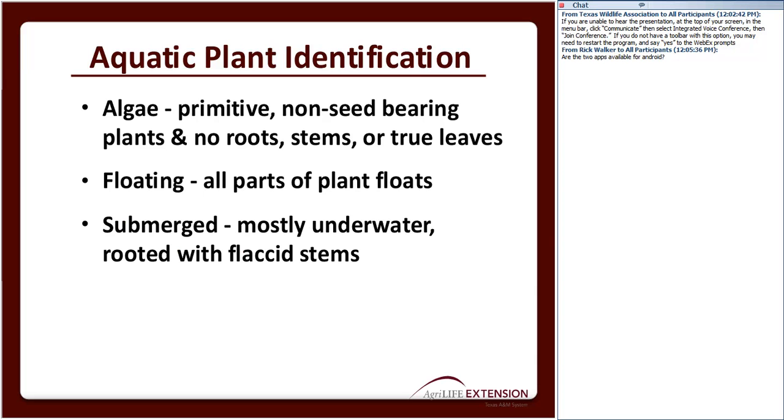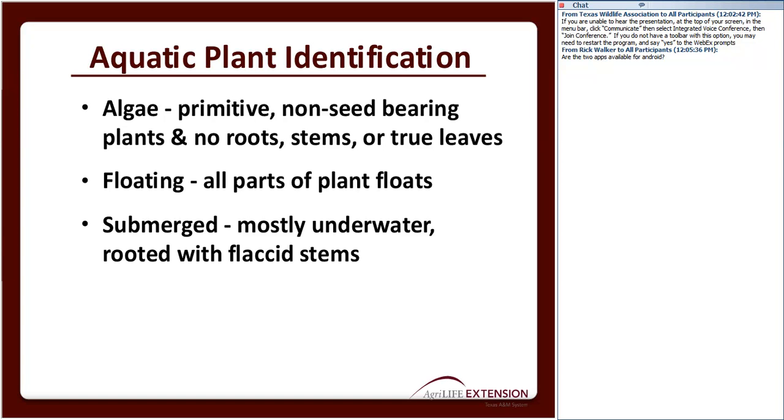Submerged. Submerged plants are mostly underwater, they're rooted, and they have flaccid stems. The rooted is important because that's how we're going to differentiate them from algae, especially those macroalgae. And the flaccid stems is important because that's how we're going to distinguish them from the emergent vegetation. So what do we mean by flaccid stems?